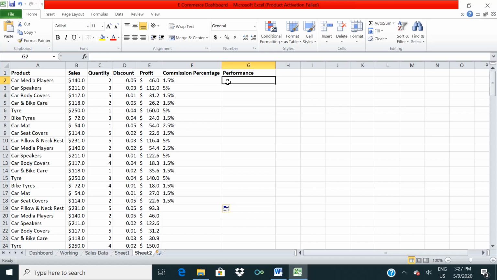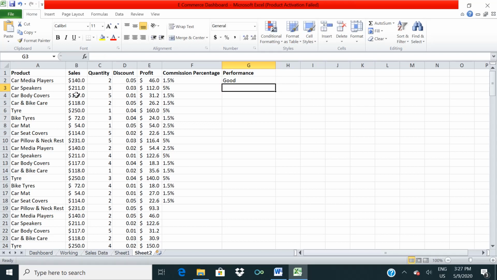Okay guys, so now we can calculate the performance. So performance I'll be calculating depending on profit and sale. So if any of these values is greater than 100, then performance will be good. If any of these values is less than 100, then performance needs improvement. Suppose in this case, sale is greater than 100 and profit is less than 50, so performance is good.